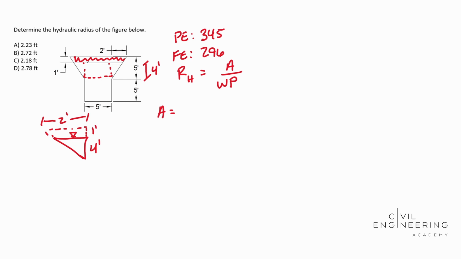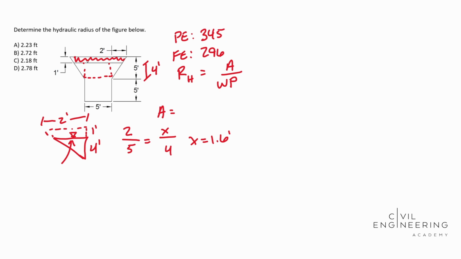We understand this is 1 foot up here. So doing that, we know that 2 is associated with 5, and that's going to be equal to something associated with 4. What we're solving for is this dimension right there, the length along that side. Whenever you do that, you end up with 1.6 feet as that dimension, and so we're going to use that in our area calculations.